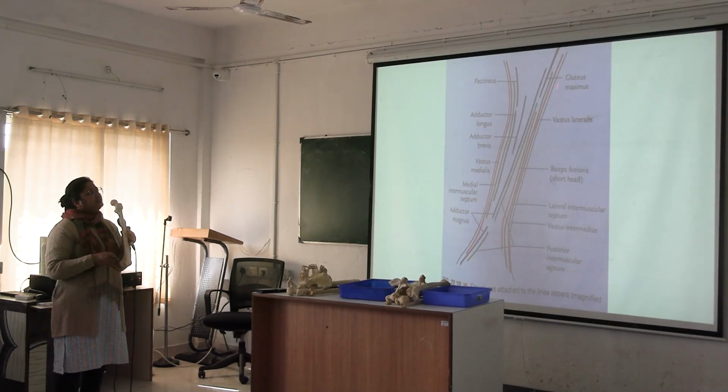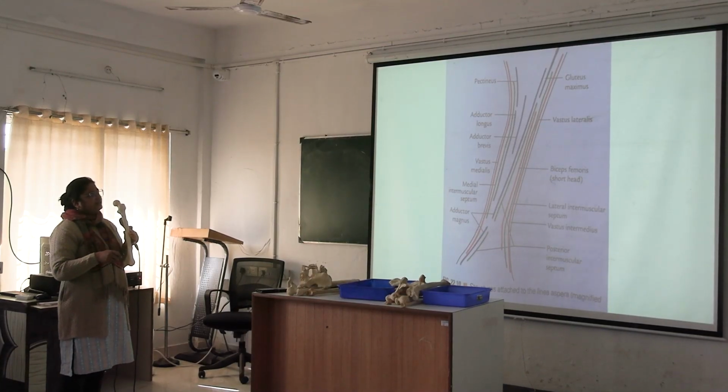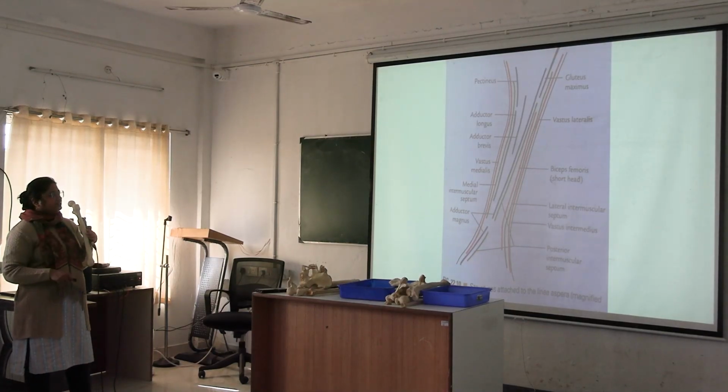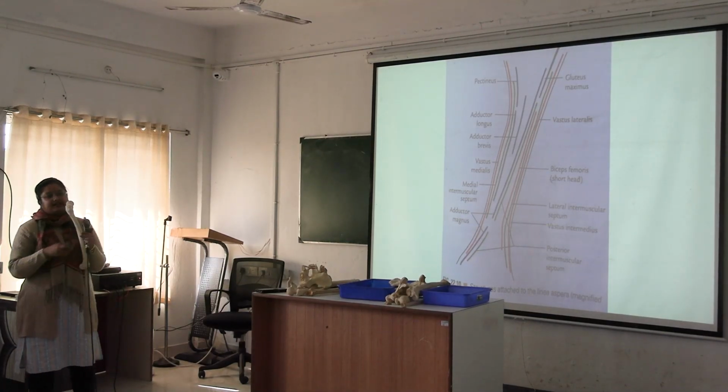After that, another intermuscular septum, the lateral intermuscular septum. The green line represents the lateral intermuscular septum. After that, most laterally is the attachment of the vastus lateralis.